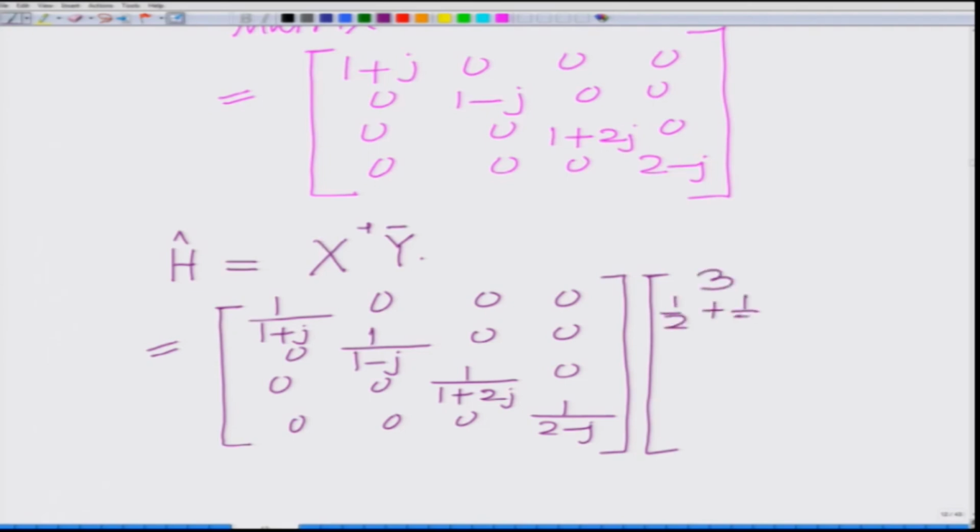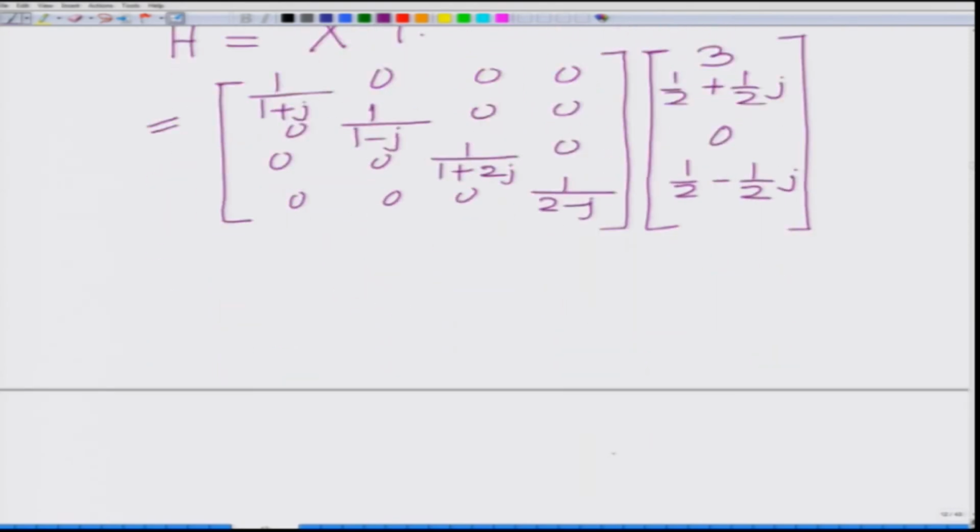half plus half j, 0, half minus half j, which is basically, now again it is fairly simple to simplify at this point.